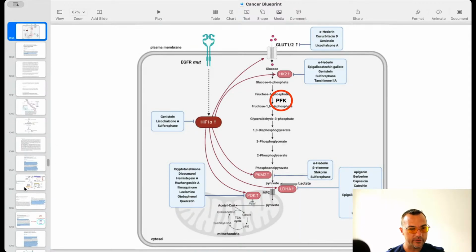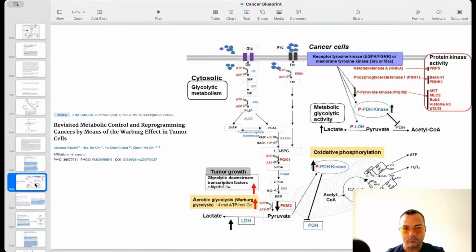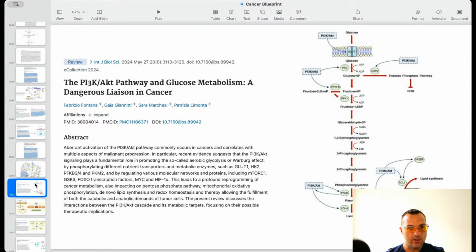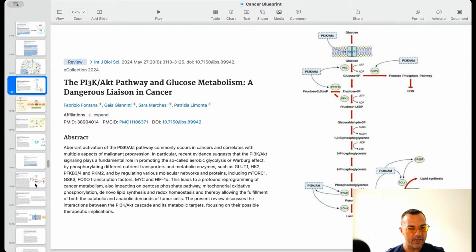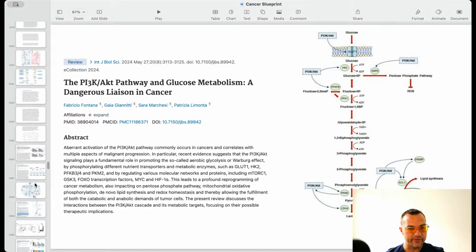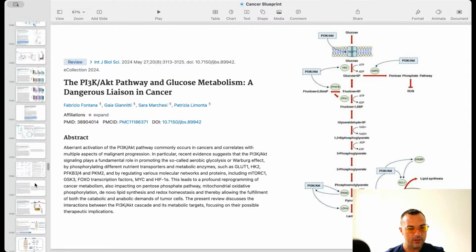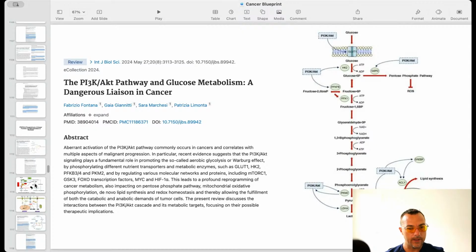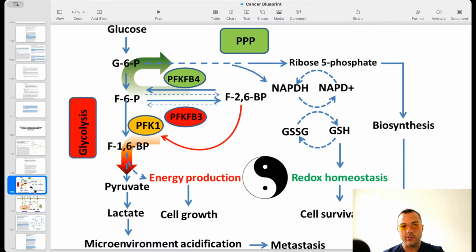And we saw it act as a metabolic switch to basically determine how much oxidative stress was in the environment and to shift things either towards the PPP, which stands for the pentose phosphate pathway, which is critically important to recycle glutathione and redox homeostasis and cell survival.